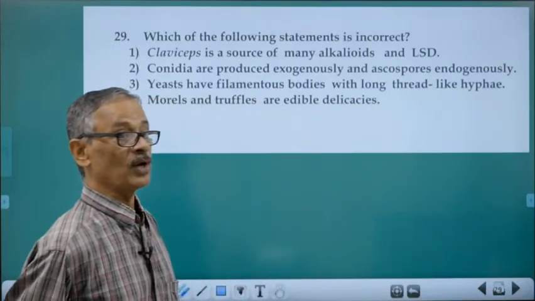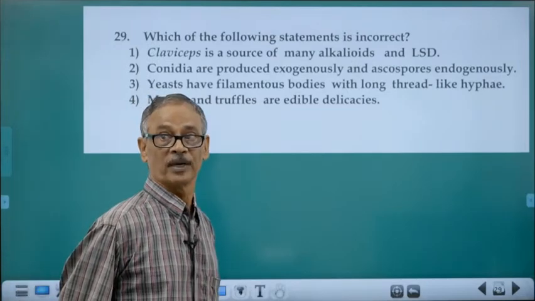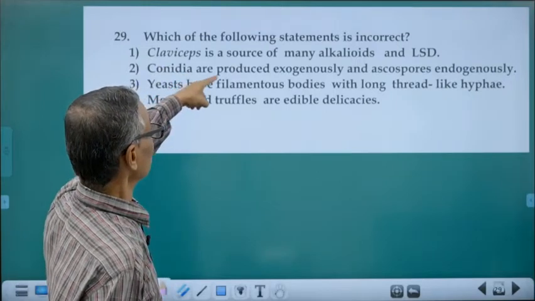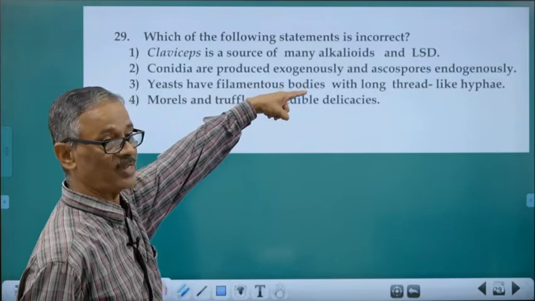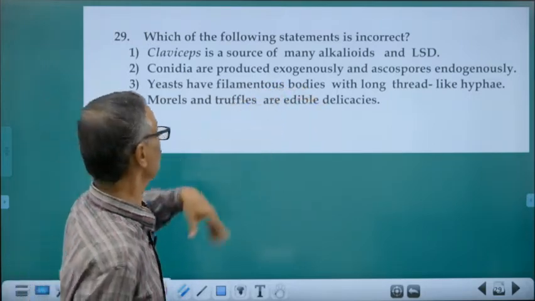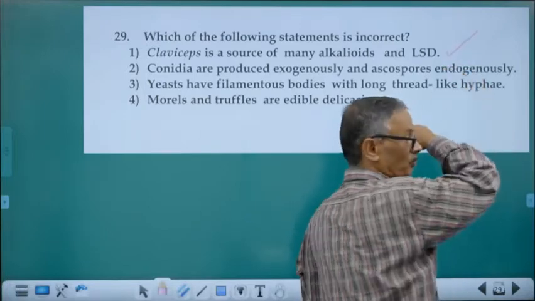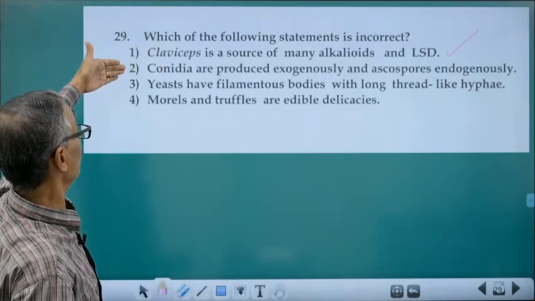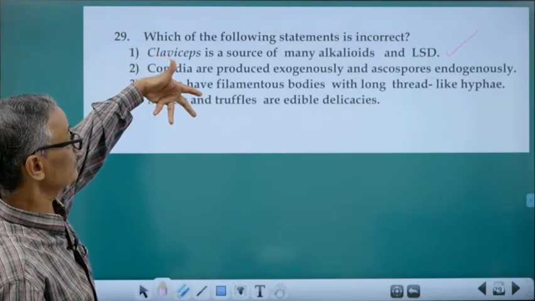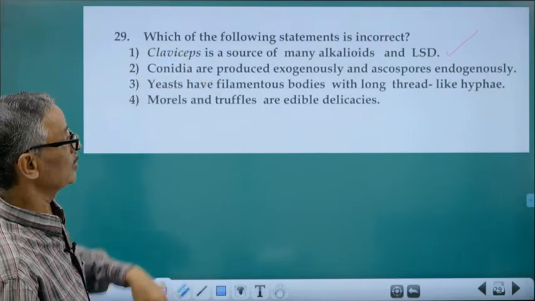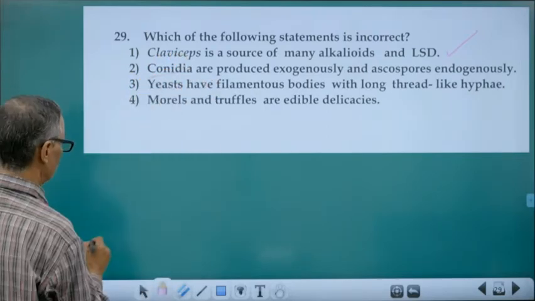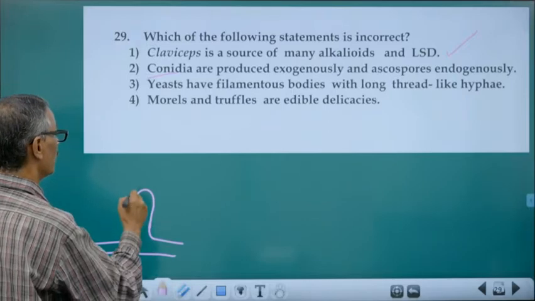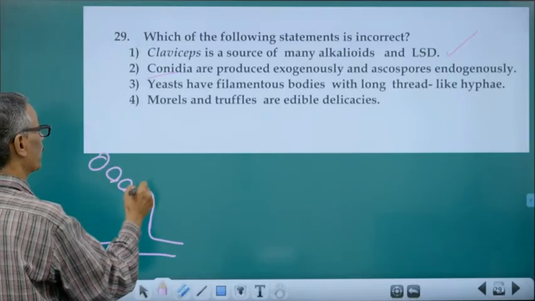Now, we go to the 2019 NEET question paper: which is incorrect? Claviceps is a source of many alkaloids and LSD, lysergic acid diethylamide. It's a hallucinating agent. That's a correct statement. From this fungus, we get the hallucinating agent LSD and many alkaloids. Conidia are produced exogenously and ascospores are endogenously produced. See, in the fungi, we have some special branches from which conidia are produced exogenously.